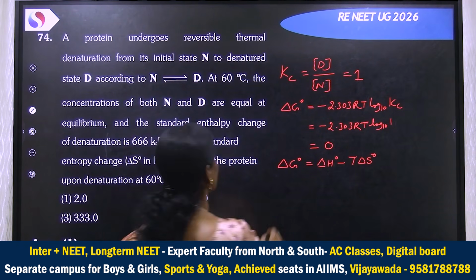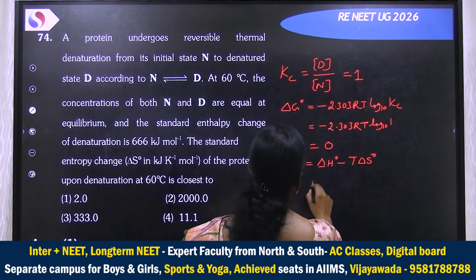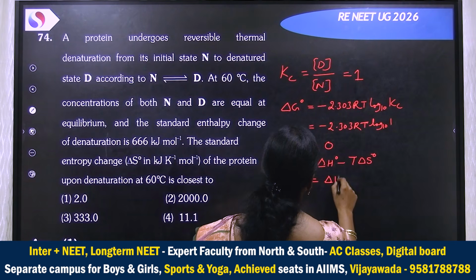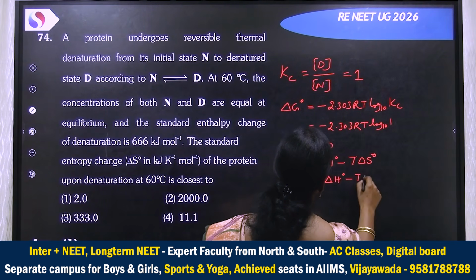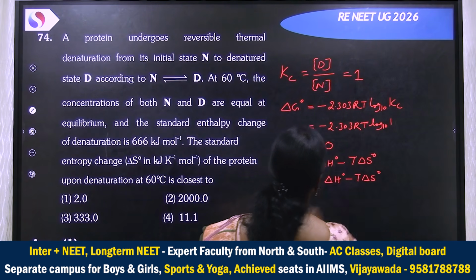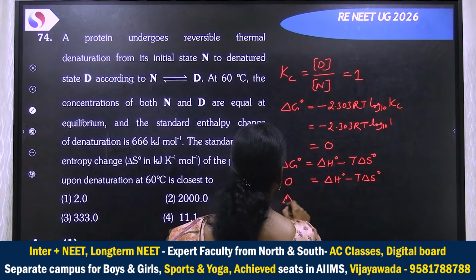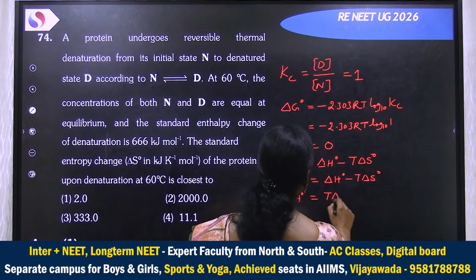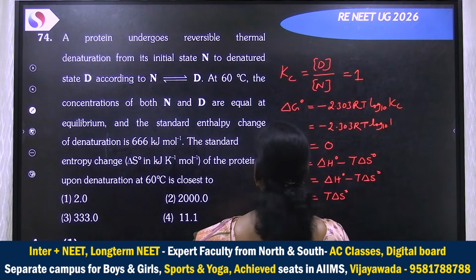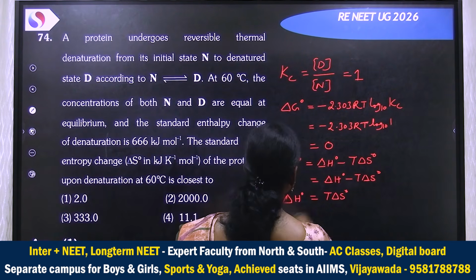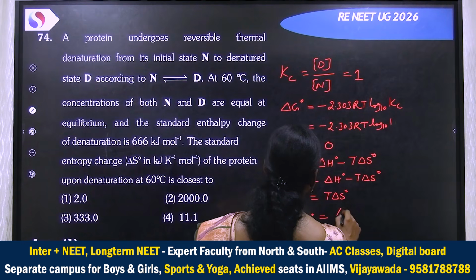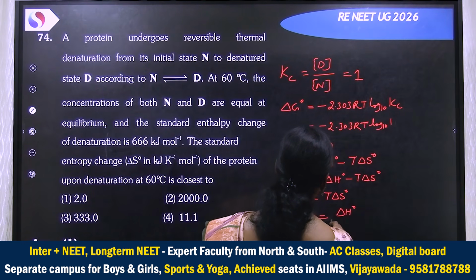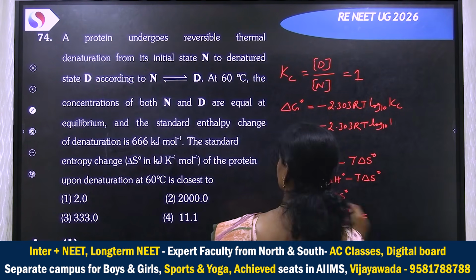Delta G naught equals 0, so delta H naught minus T delta S naught equals 0. So delta H naught equals T delta S naught. So from these, delta S naught is equal to delta H naught by T, the temperature.